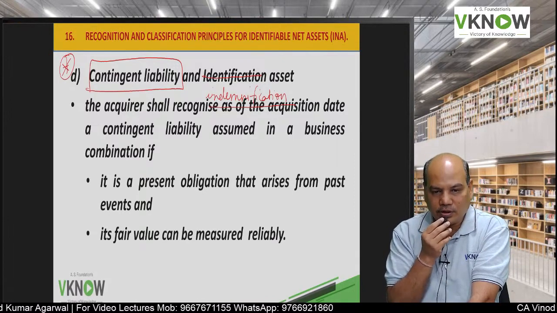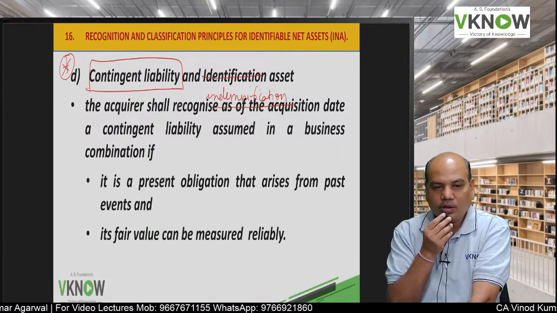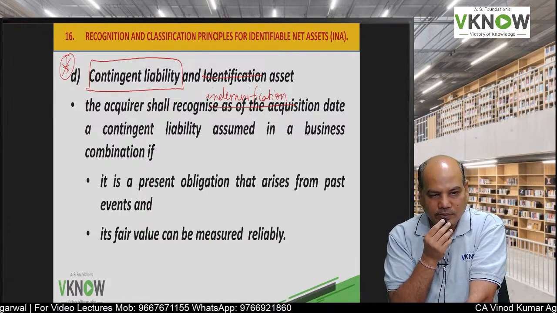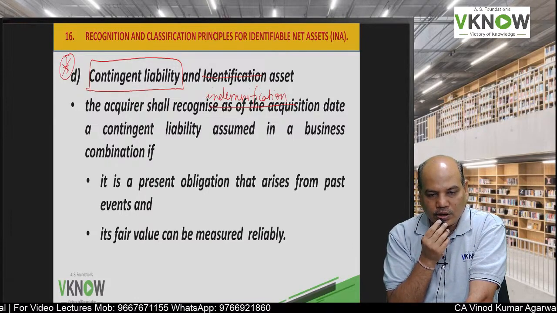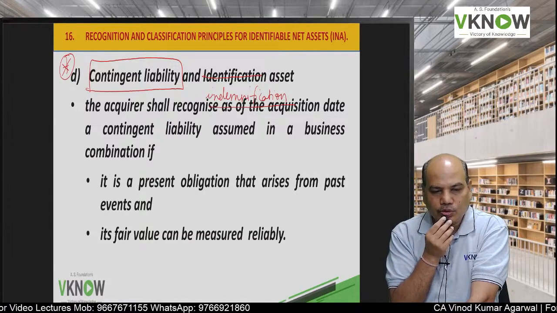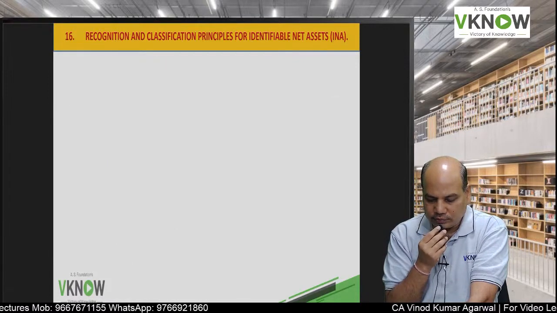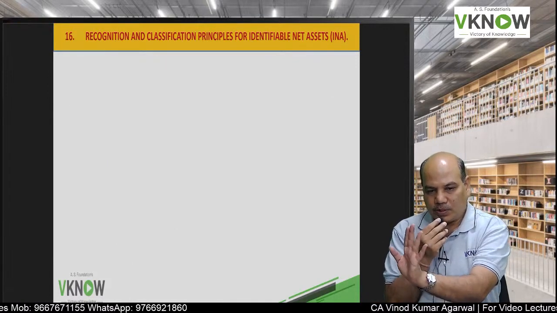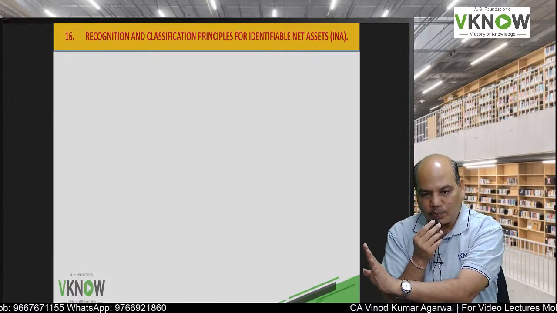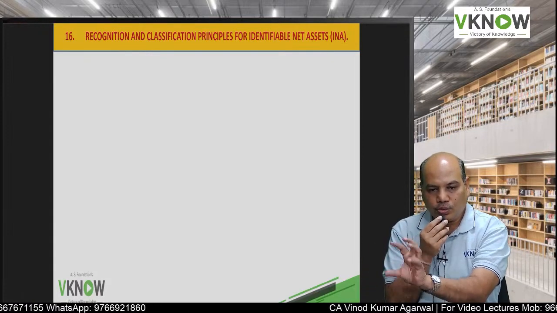And second condition is its fair value can be measured reliably. Then this contingent liability will also be shown as a liability in the books of the acquirer.